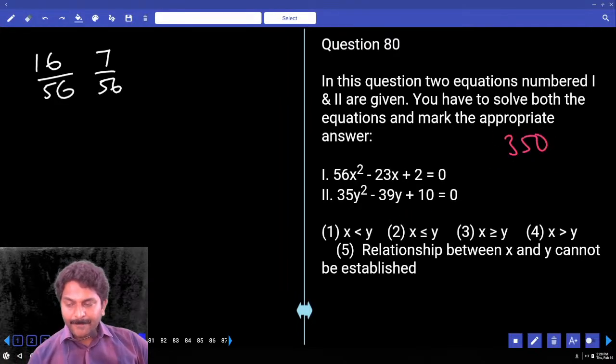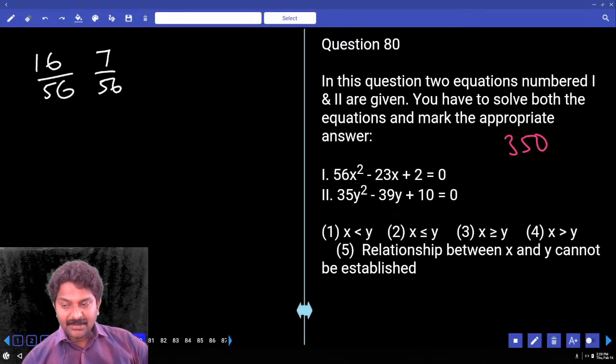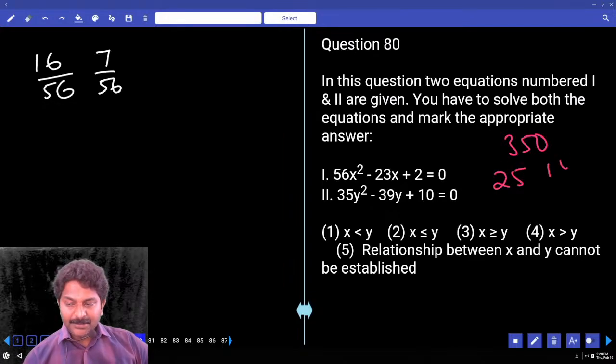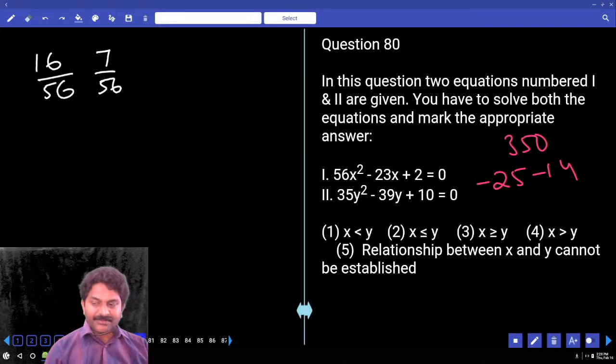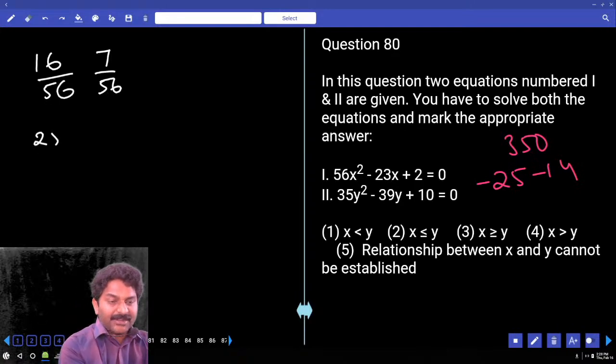So 350 we can write it as 35 times 10. That won't work. 17, no. 25 times 14. Minus 25 minus 14. Factors are plus 25 plus 14 divided by 35.